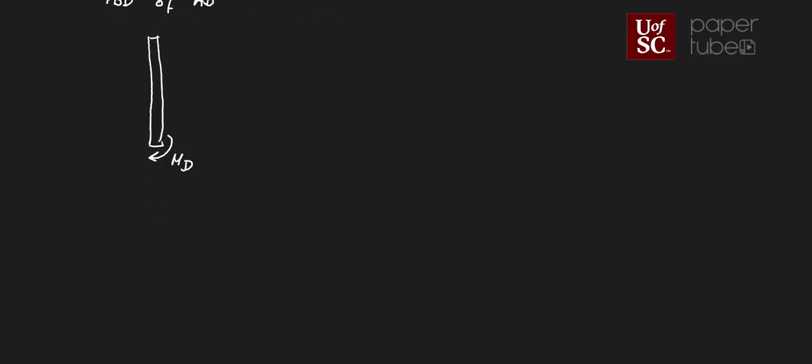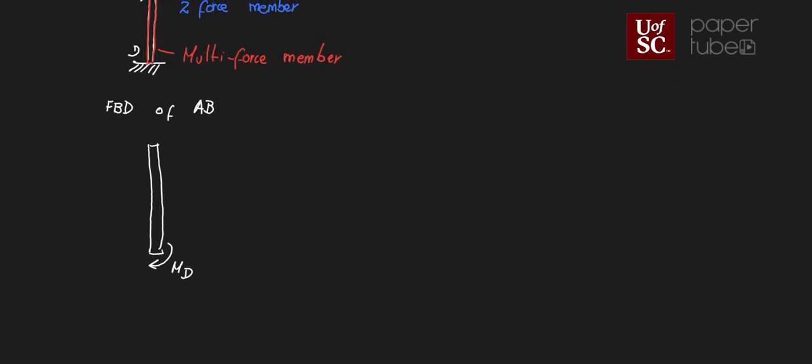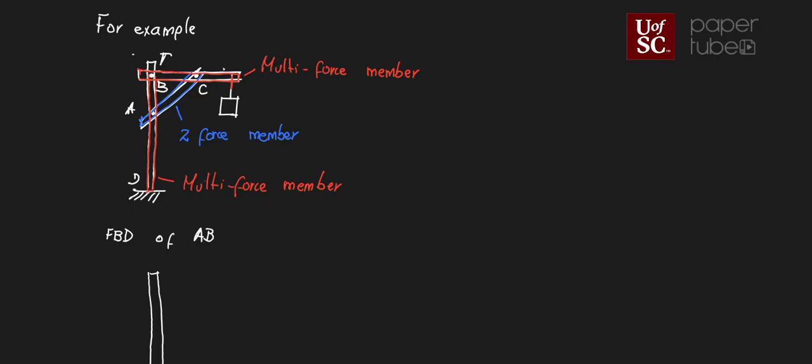Then I'm going to have some forces at A, and one of the key aspects that we can determine by thinking about which of those elements are two-force members is we actually know the direction of that force at A because it is connected to that blue element, right?